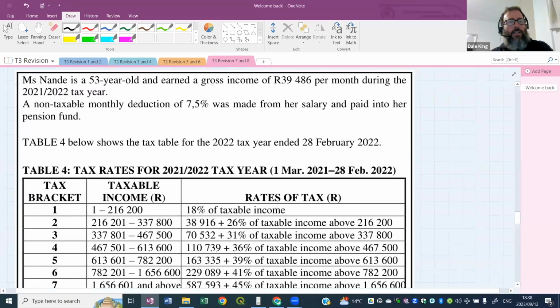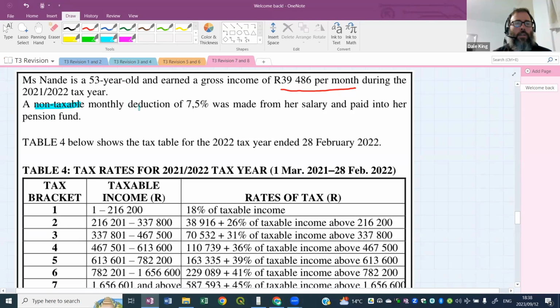All right, let's have a look. We've got a new scenario here. Miss Nandi is 53 years old and earned a gross income of 39,486 per month during the 21-22 tax year. A non-taxable monthly deduction of 7.5% of her salary was made and paid into her pension fund.